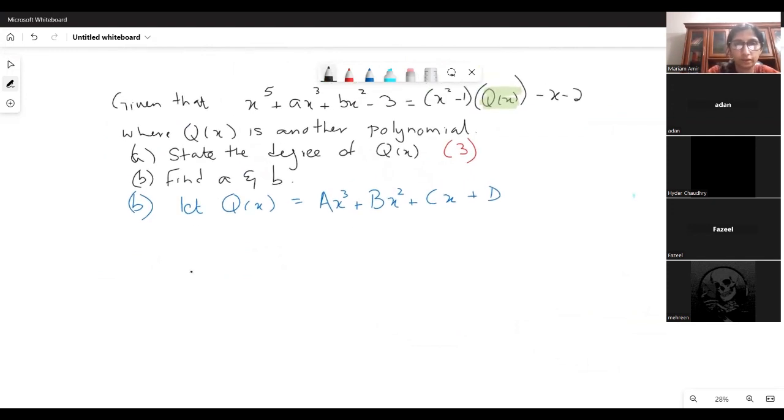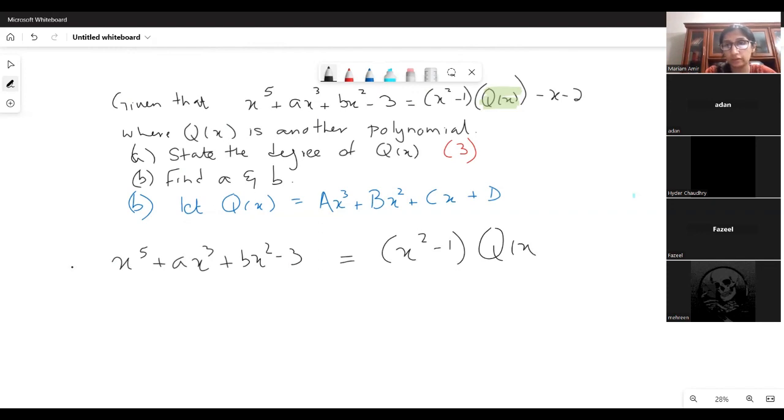So we had this. x power 5 plus ax cubed plus bx squared minus 3 equals x squared minus 1, qx minus x minus 2. I am going to use substitution here. What value of substitution?